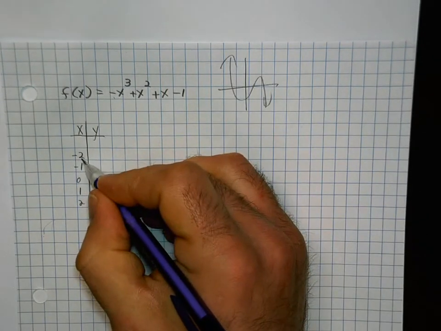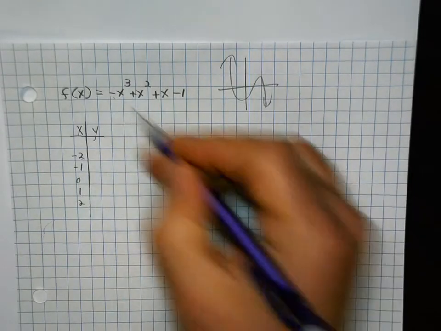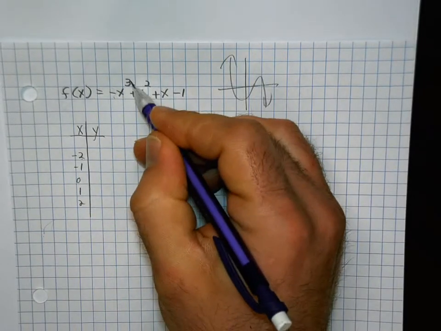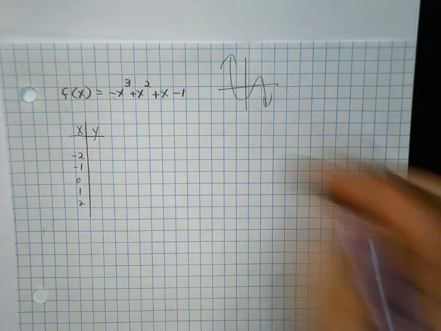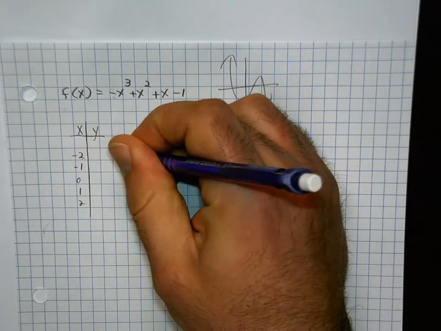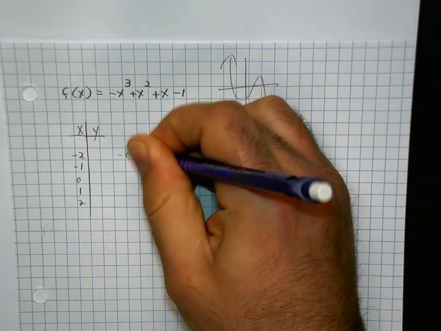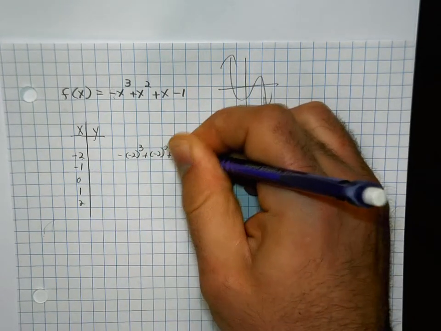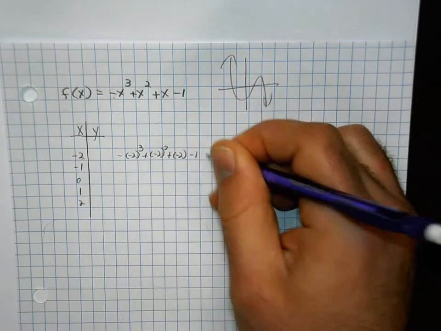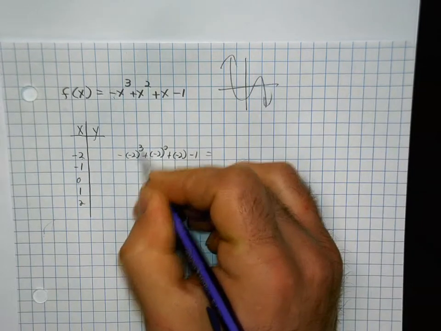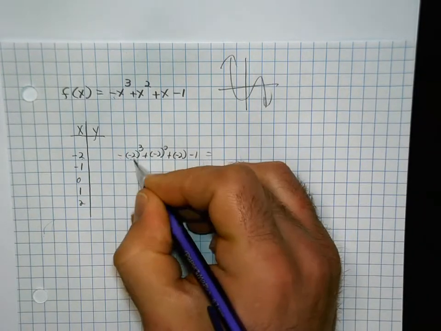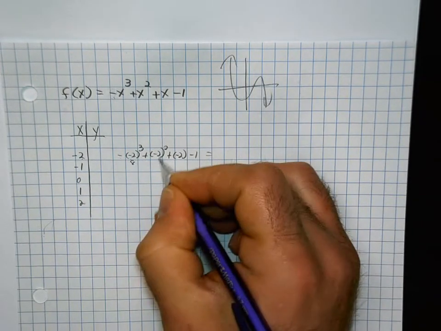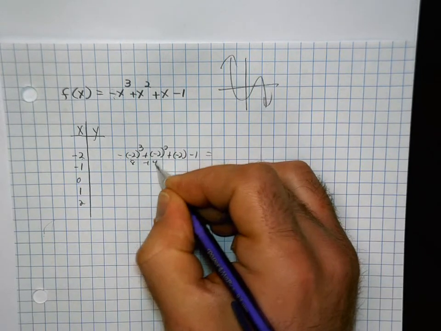So when I plug -2 in, let's see what I get. Now be careful with this negative. Remember, we have to cube and then multiply by -1. So in this case, I'll have -2 cubed, -2 squared, -2. So this is going to be -8 times that is +8. This is going to be +4.